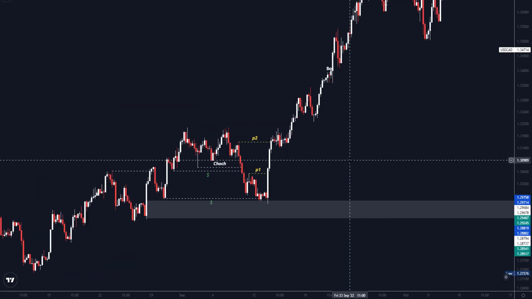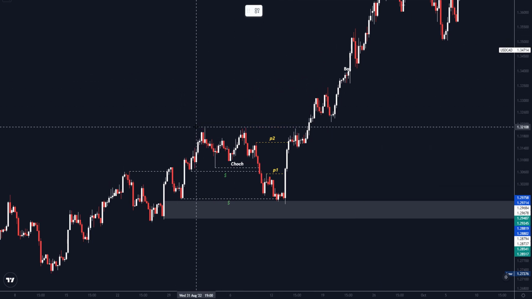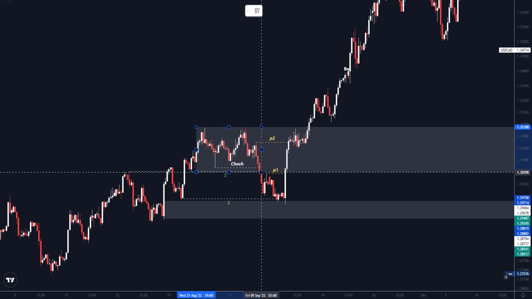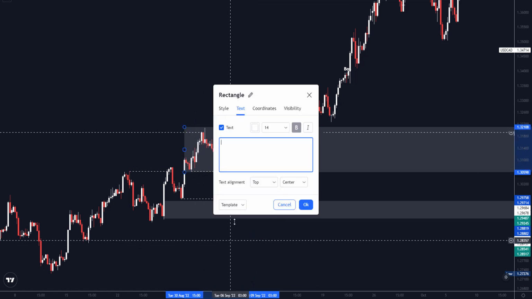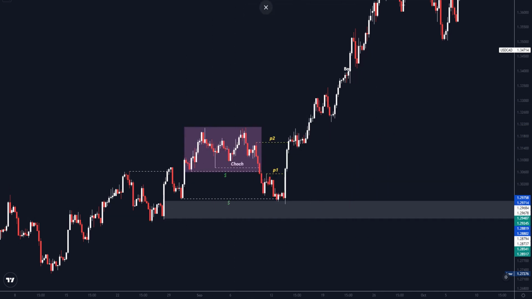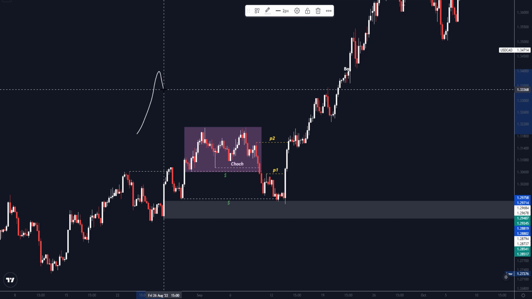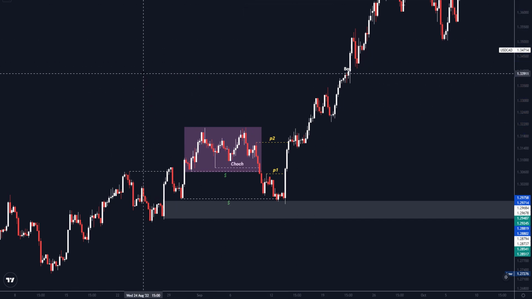So let's go ahead and show similar examples so that you will get used to seeing this pattern right here. And I will highlight that as a consolidation once again. This is a consolidation, okay? This formation, which is something like that in an uptrend, let's say, boom, retest, we go, okay?